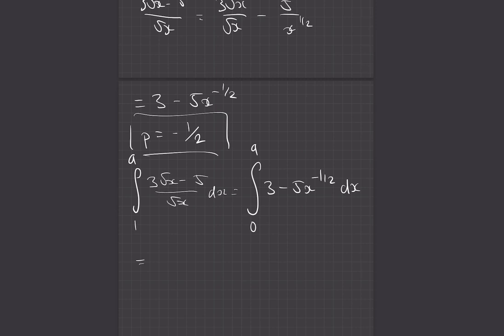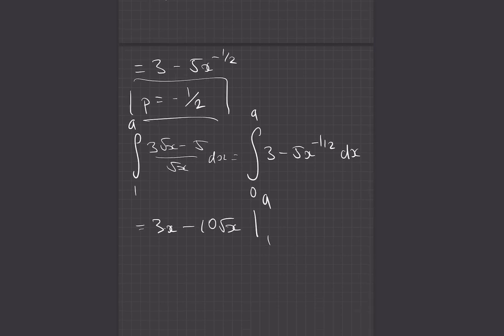So this is going to be equal to 3x minus 10x to the 1/2, because we add 1, so minus 1/2 becomes positive 1/2, and when you divide by 1/2, you multiply by 2. So you should get minus 10 root x, and we're going to evaluate this at 9 and 1.